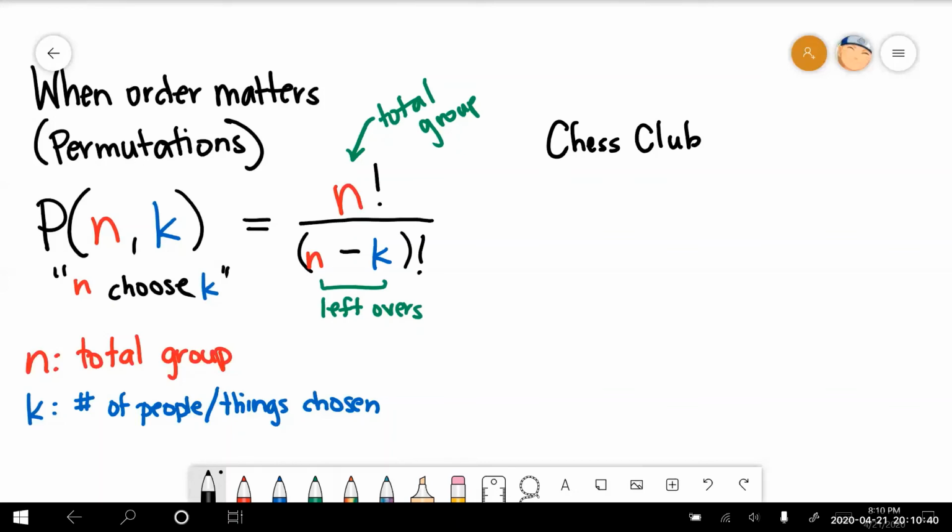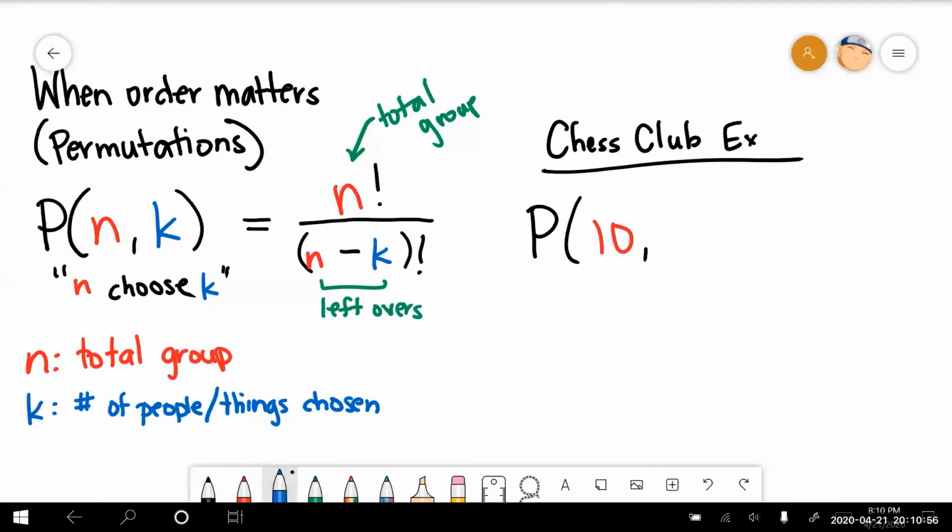Now, in the chess club example, I've got a permutation, again, because order matters. We've got a permutation where we had a group of 10, and from that group of 10, we selected 4 officers.